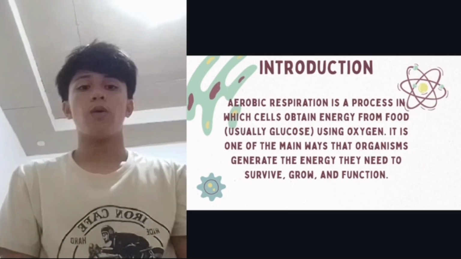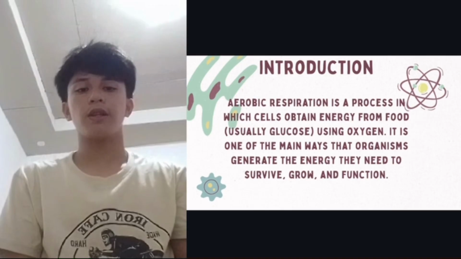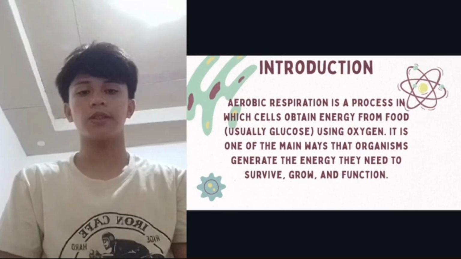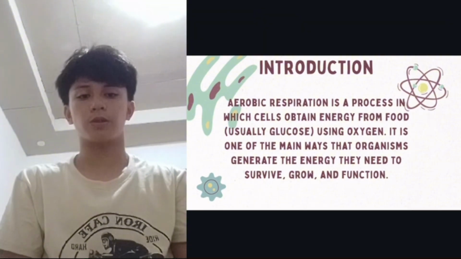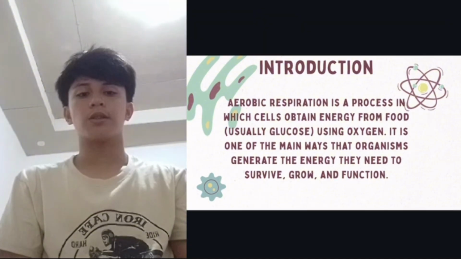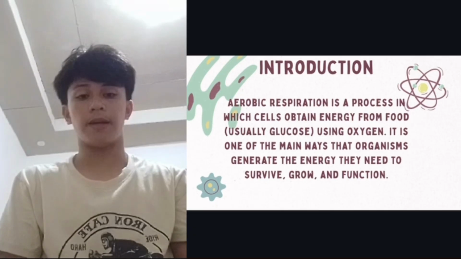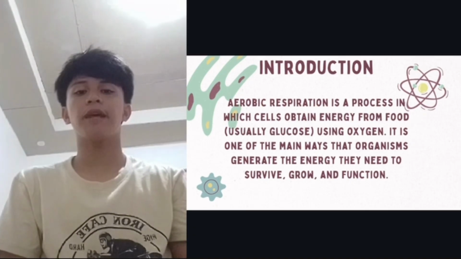For example, when a person eats food, it is broken down into glucose. As they breathe in oxygen, it enters the cells where aerobic respiration occurs. In this process, glucose and oxygen combine to produce energy, or ATP, along with carbon dioxide and water.